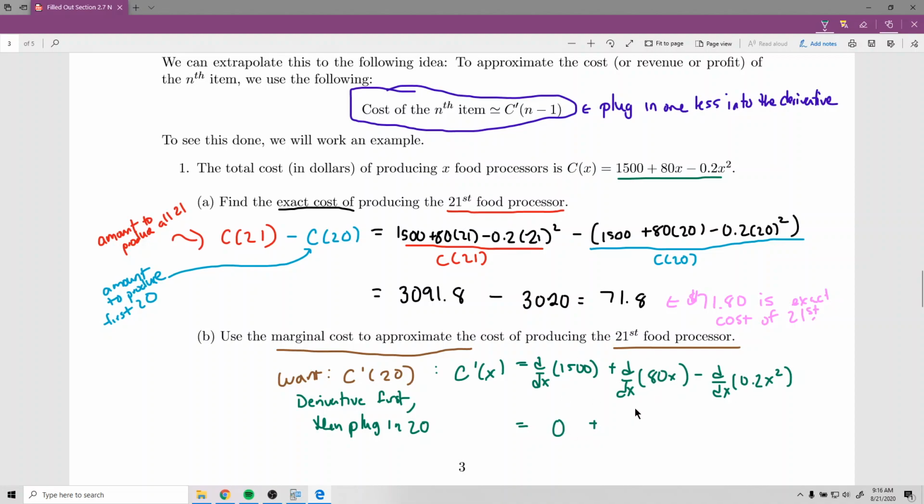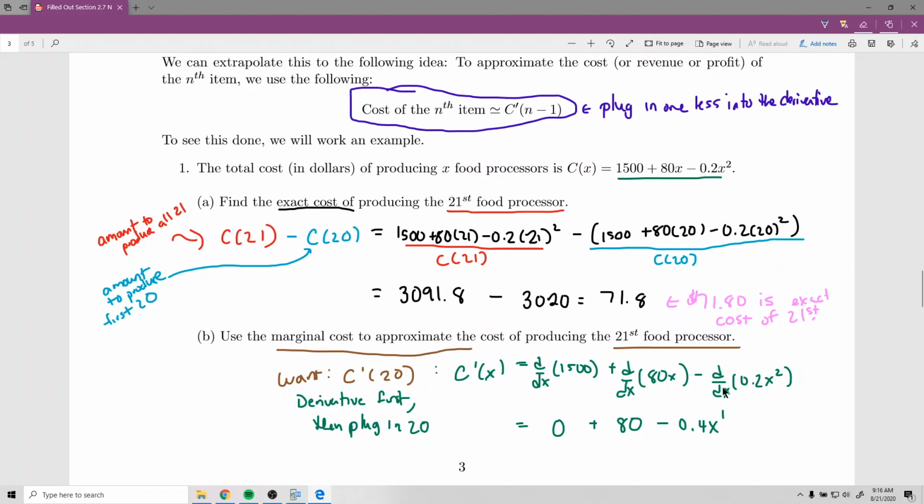The derivative of a number is 0. The derivative of a number times x is the number. And then you may have also noticed the pattern when you do the derivative of something like this. We're going to bring the power down. So we're going to multiply the 2 to the 0.2 to get 0.4x, and then one less power to the 1 power.